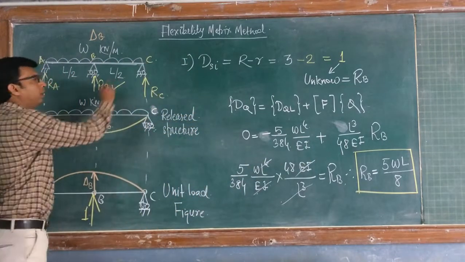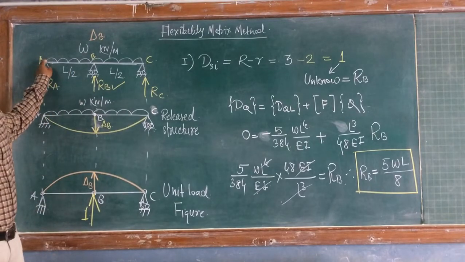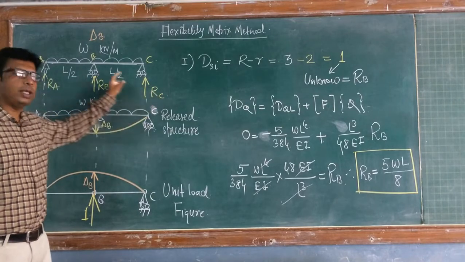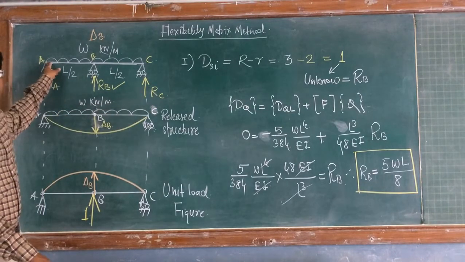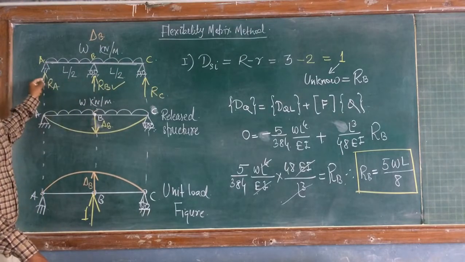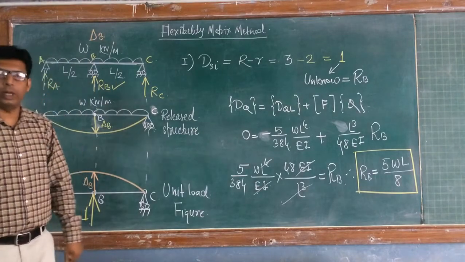And we know that if we know the reaction at point B, using summation of moment equal to 0 at A, we can calculate RC. Then using summation of Fy equal to 0, you will get the RA value.